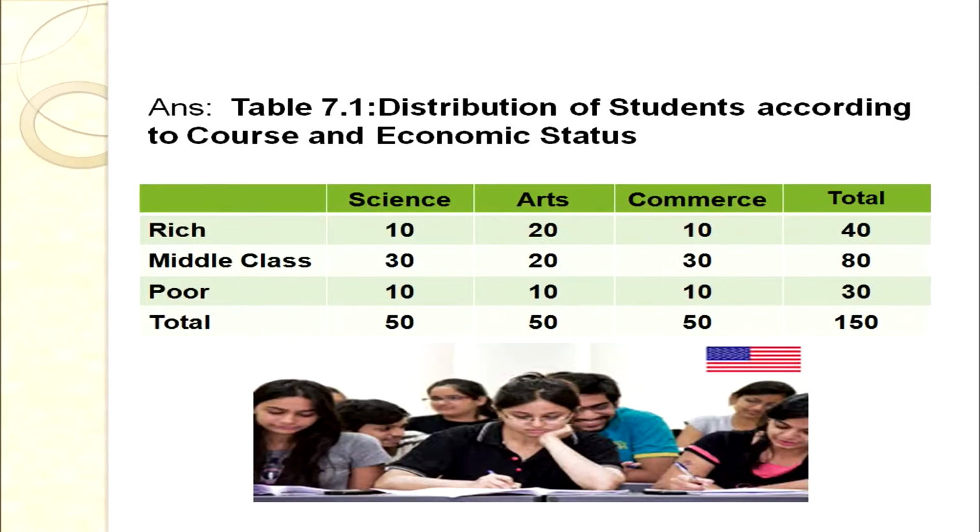Whereas for the poor families, what has happened? In case of poor families, we have got 10 for science, 10 for arts, 10 for commerce, and the total becomes 30. So, now we are going to make the total. Total comes to 150 over here, and sidewise total also comes to 150. This is how we have constructed a table.